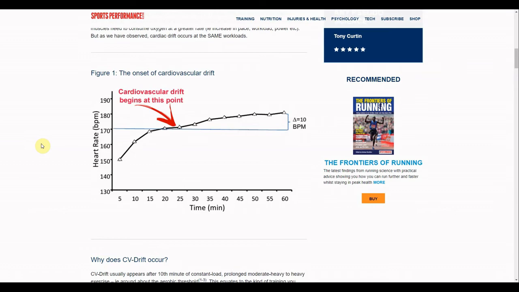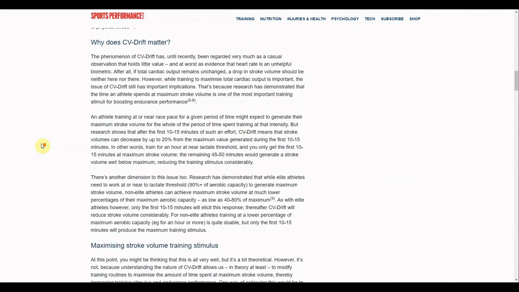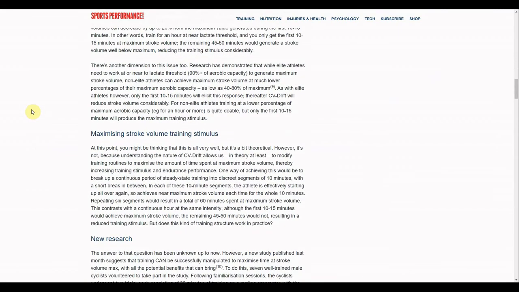So we split them such that the cardiac drift doesn't happen, or is kept in check. That means we could basically run harder, still in the aerobic zone, but at the upper end. So for example, you do 10-minute segments and then you rest.